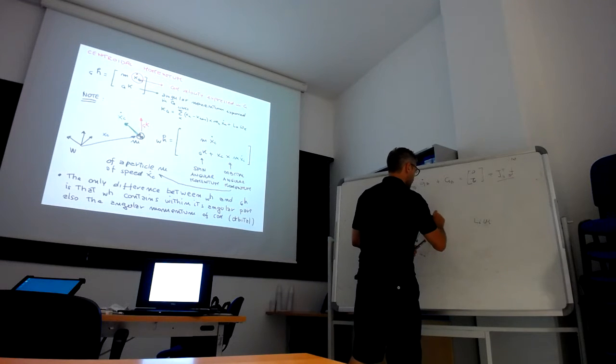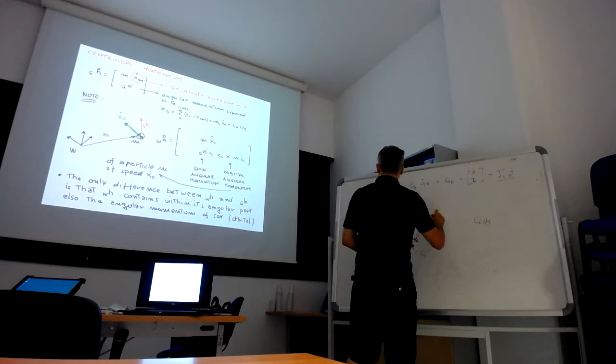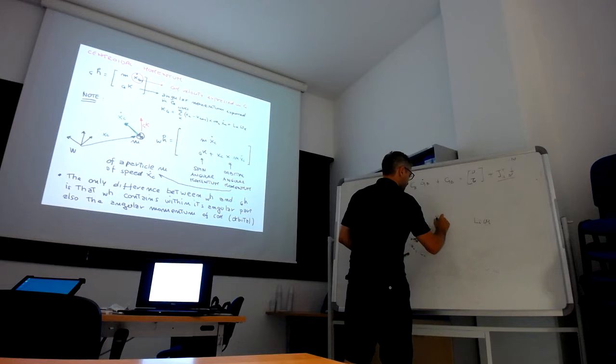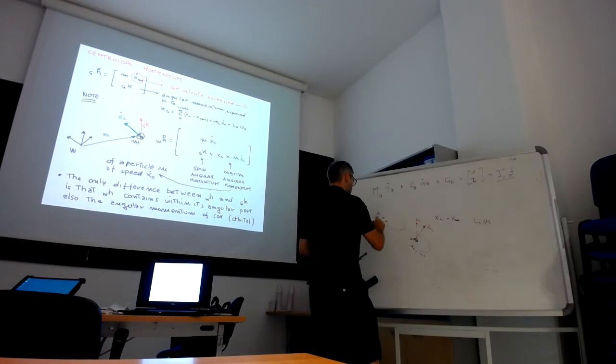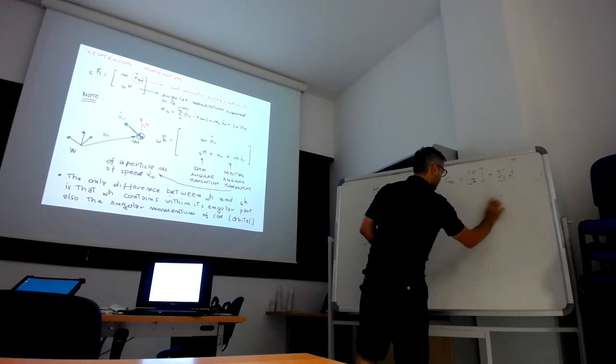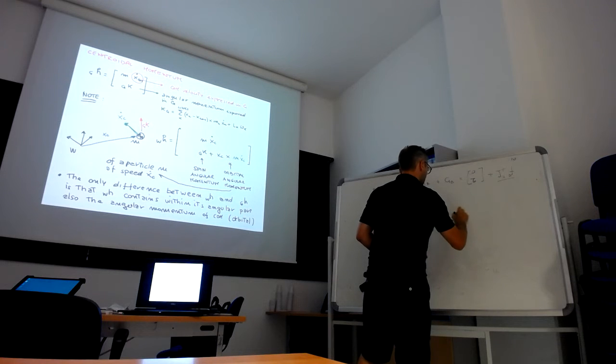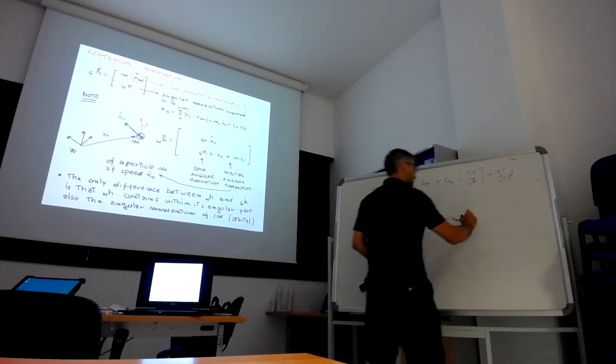So if we go there, x ci minus x c1, this is x1, cross product the velocity.